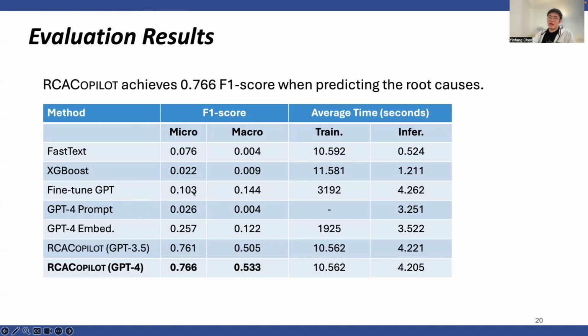As you can see, the F1 score is just 0.1. So we tried fine tuning, but the result is not ideal. The reason could be that the training data is not so much, so fine tuning may not work that well.